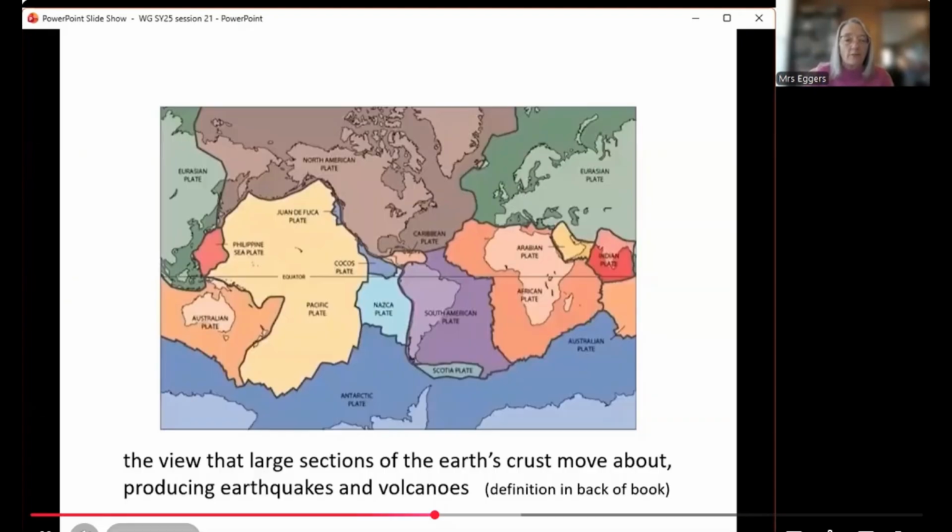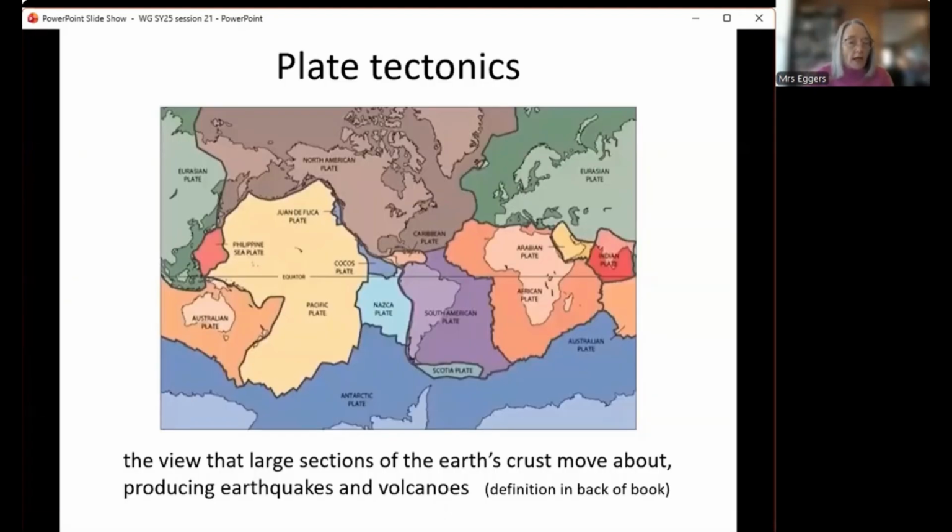What is happening here? Okay, what is happening, we think, has to do with plate tectonics. Now, this isn't the best illustration, because when we talked about the layers of the earth, and the Earth's crust and the plates, we said that there's not complete agreement on how many plates there are.